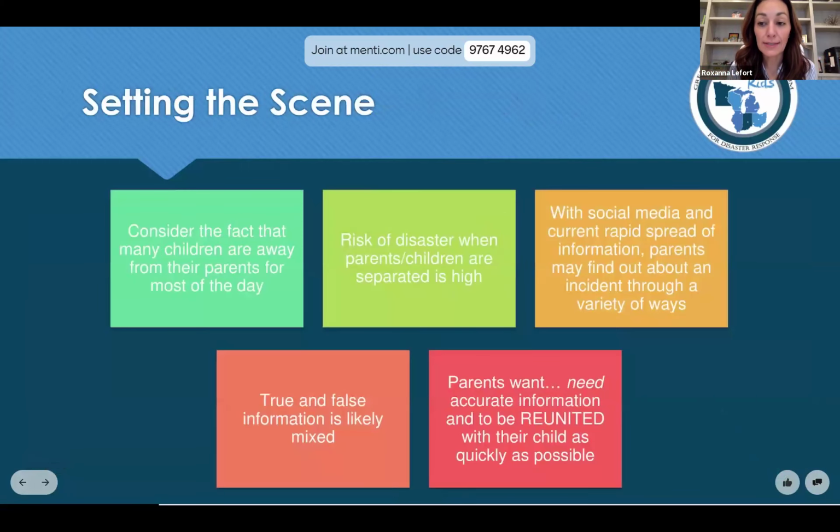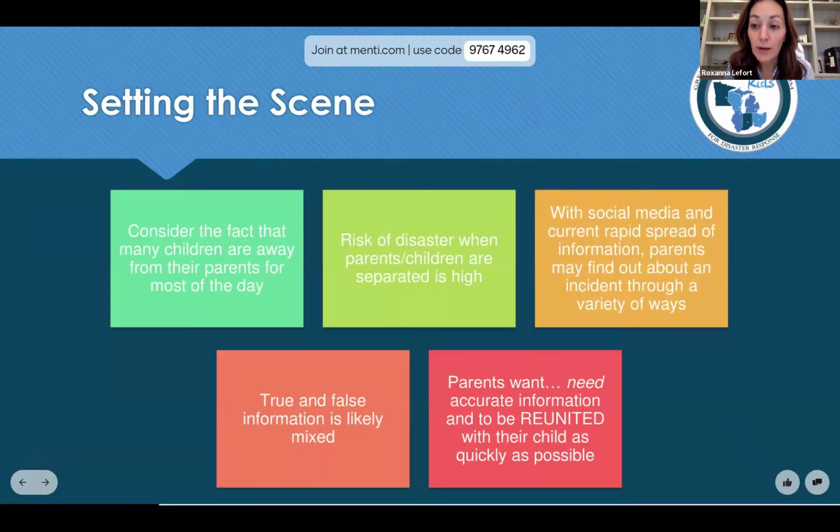So kind of to set the stage, I know that you've already completed Module 1, so we know that reunification planning is important. But just sort of go through that again. We know that 25% of the population is made up of children. And so the risk of a disaster occurring and involving a child or children is high just by the amount of the population that they make up.